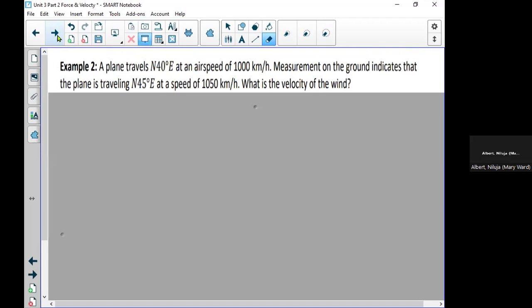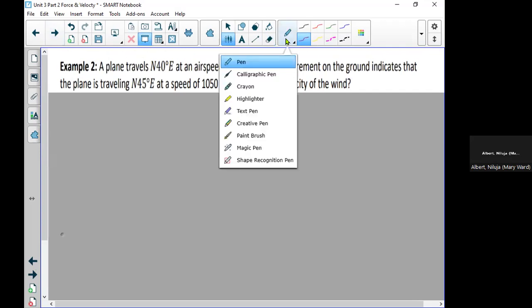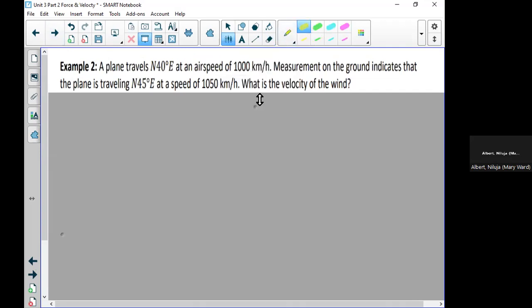So this particular problem, we have a plane that's traveling 40 degrees east of north that has this airspeed of 1,000 kilometers per hour. And then we have the plane is traveling at a bearing of 45 degrees east of north at 1,050 kilometers per hour.